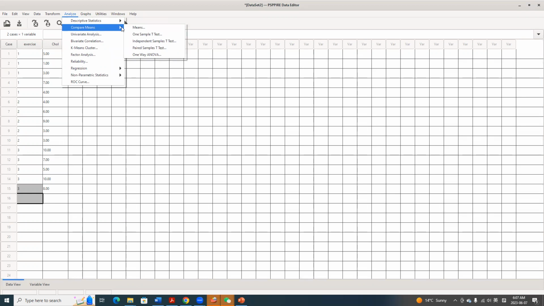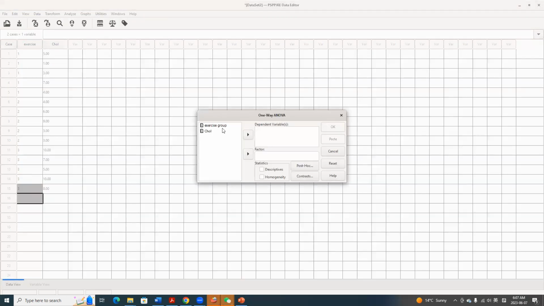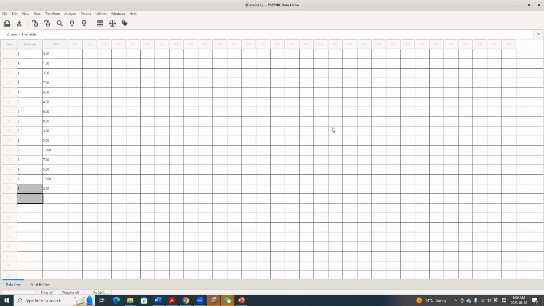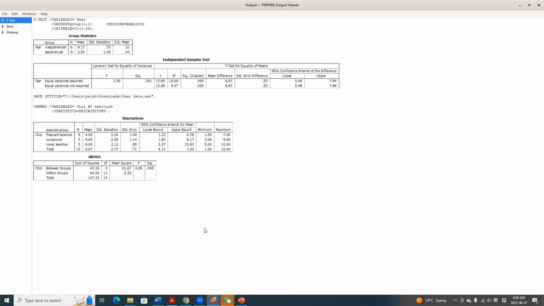Compare means. We want to do a one-way ANOVA. So the dependent variable is cholesterol level, and exercise group is the factor. The factor is the independent variable. I want descriptive statistics.